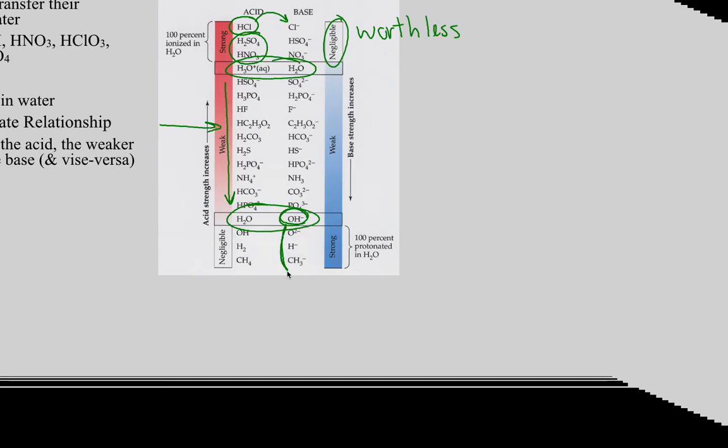But these are things that are strong bases, like an O2- ion, and actually a negative hydrogen ion, and then a CH3- ion. Those are things that you don't run into much in inorganic chemistry, the chemistry that we do in this class. When you get into organic chemistry, these become important species, but we don't talk about them much in this class, so we don't include them in the list.